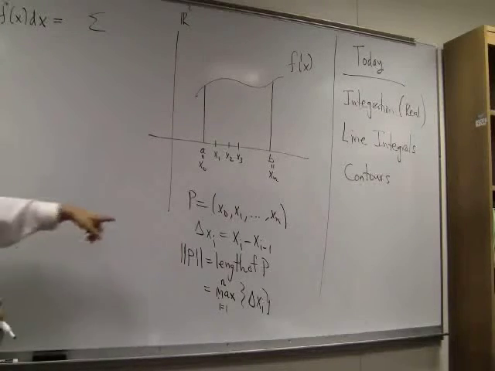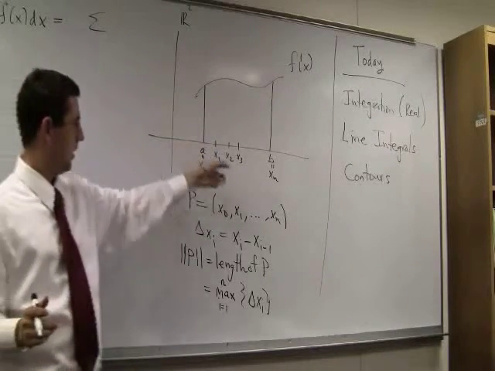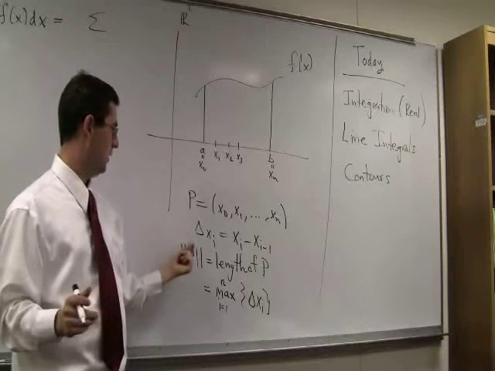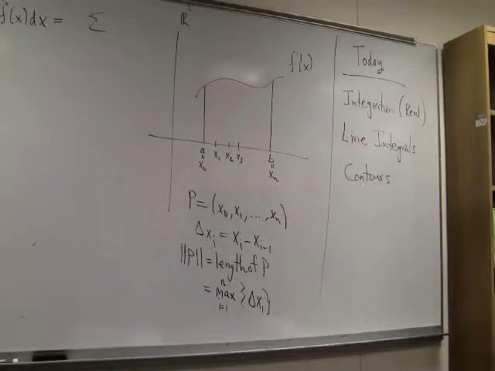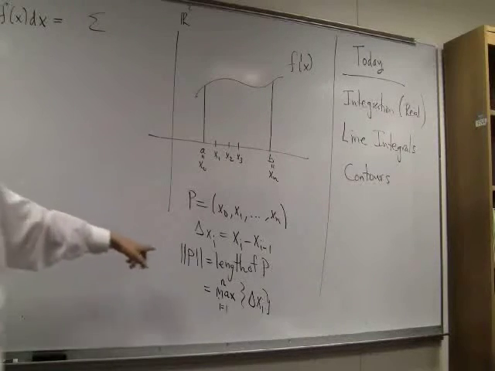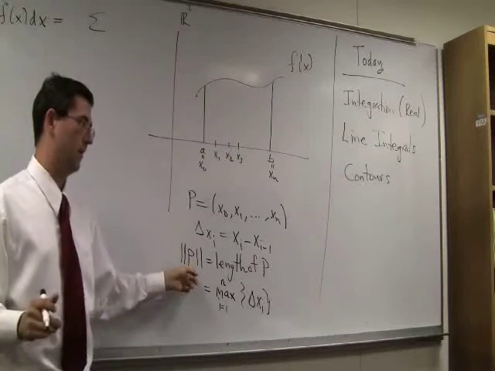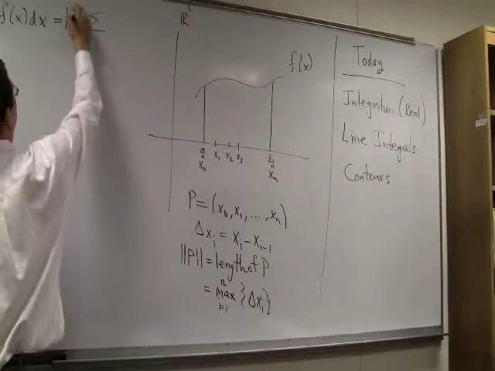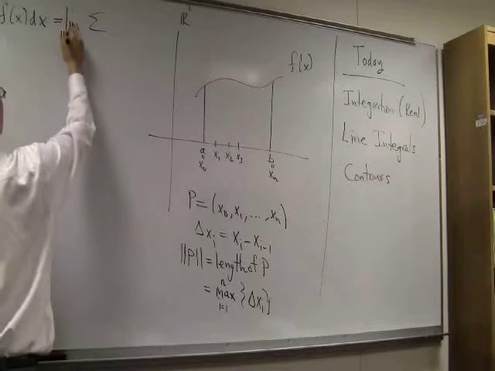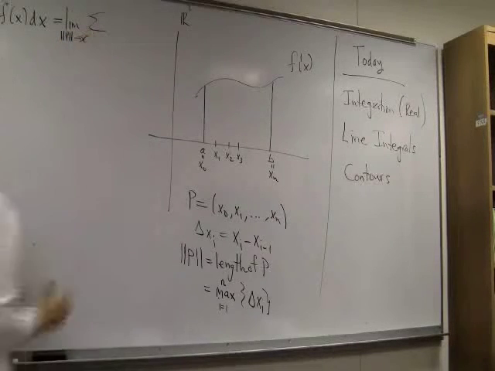So the way that we can get the number of rectangles to go to infinity and the width to go to 0, we make the length here, right, go to 0. So we take the limit as the length goes to 0, right?